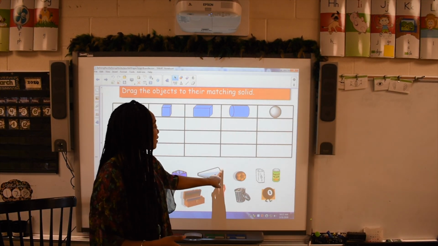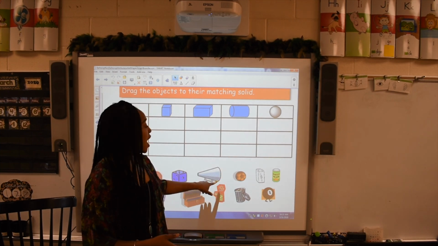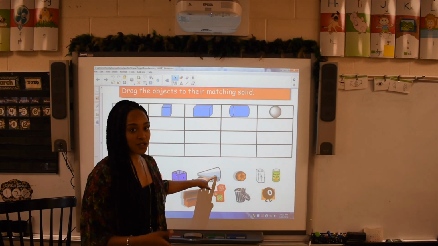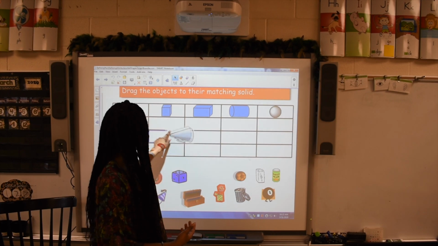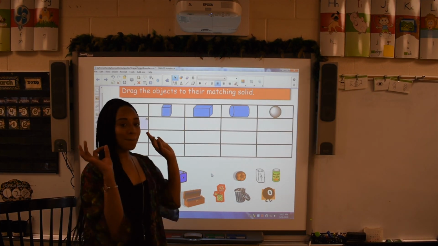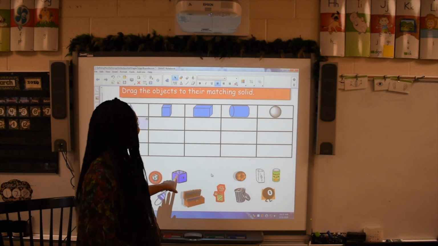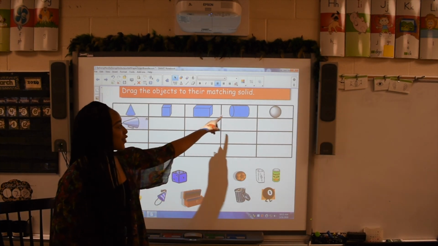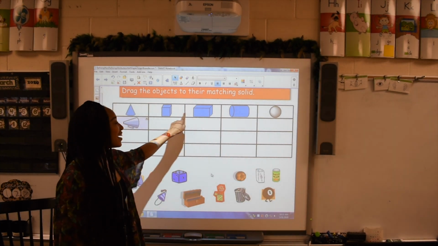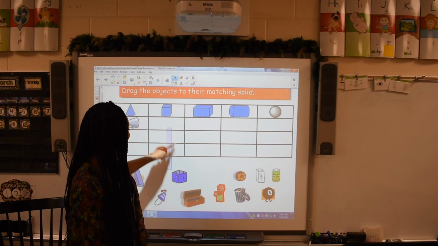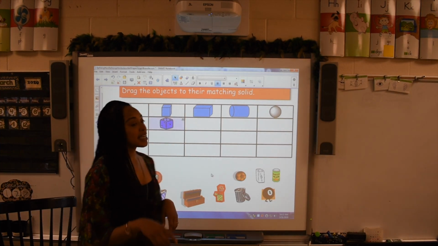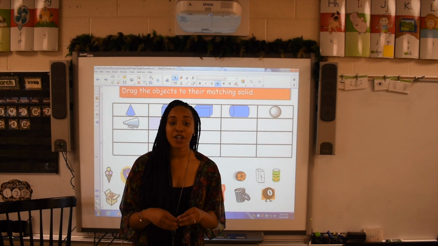Good. I see a flat face on the end and no vertices or edges. So we're going to put it underneath cone. Boop. Ooh, I see a dice. A dice is similar to a cube. That's right.